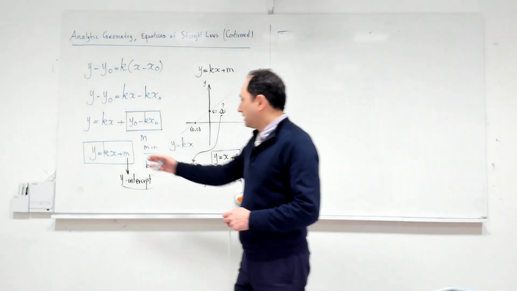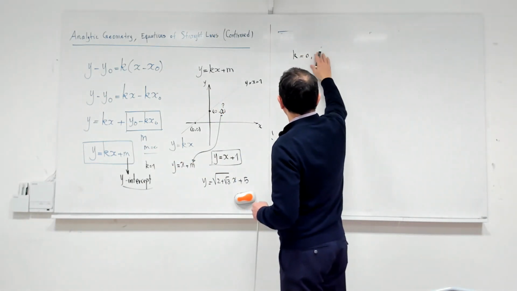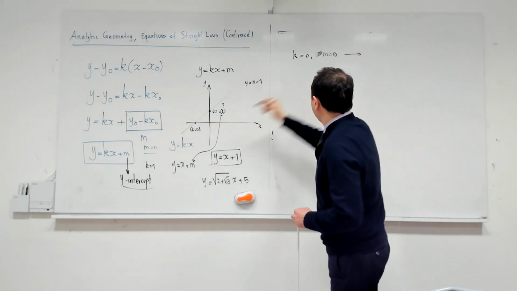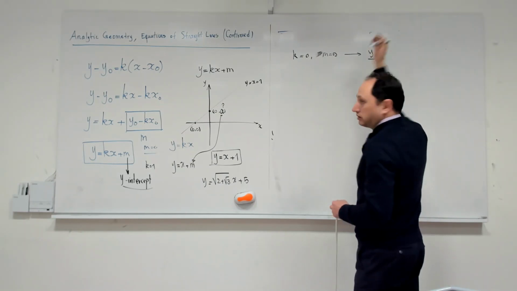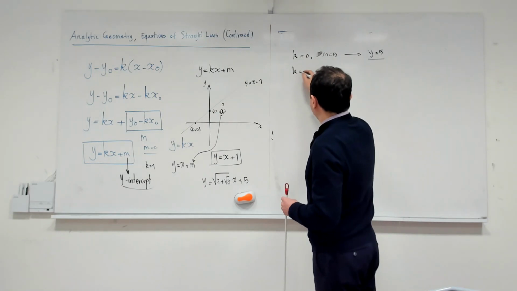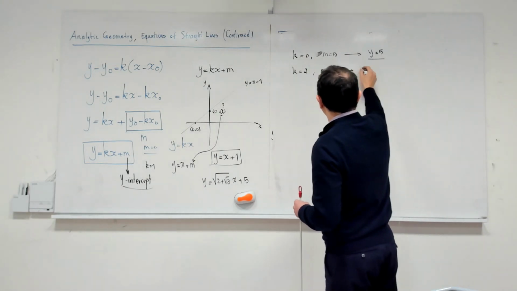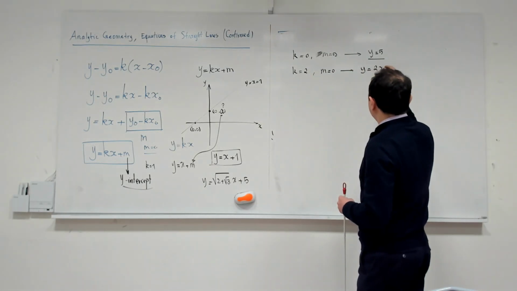So for example, if I choose k equals 0 and m equals 5, then the k form gives you y equals 5. It's a horizontal line. If I choose k equals 2 and m equals 0, it gives me 2x plus 0.